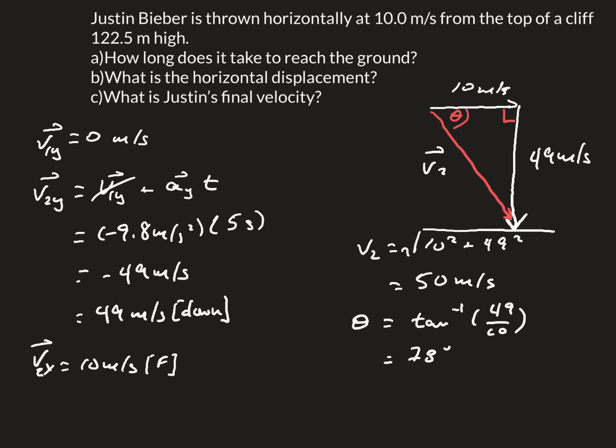So you could say something like the final velocity, therefore v2 is 50 meters per second, 78 degrees below horizontal.